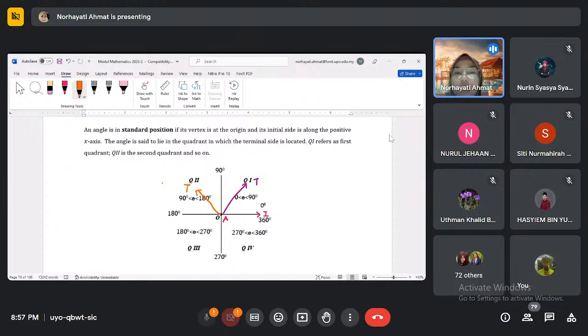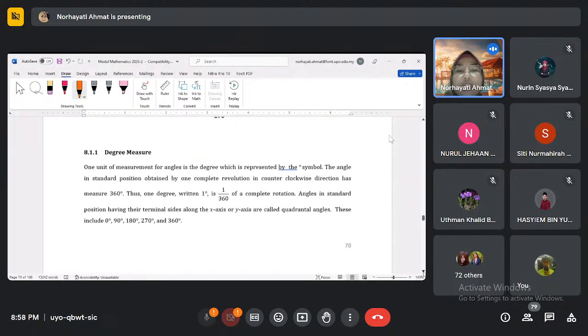So the type of the angle depends on where it lies, either in quadrant 1, quadrant 2, quadrant 3 or quadrant 4. Okay, yang ni pun semua tahulah kan, kita anti-clockwise. Okay, kita ikut positive angle. Okay, from quadrant 1, quadrant 2, quadrant 3 and quadrant 4.